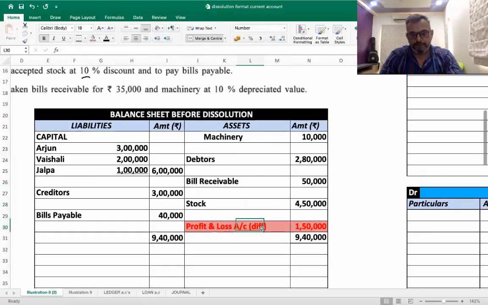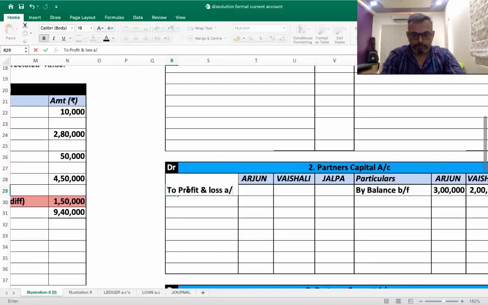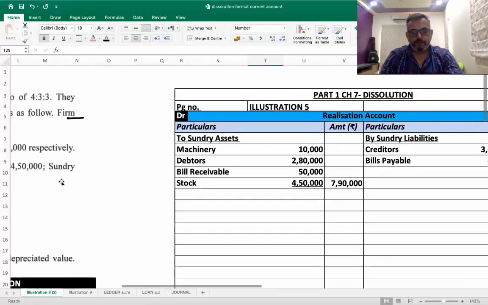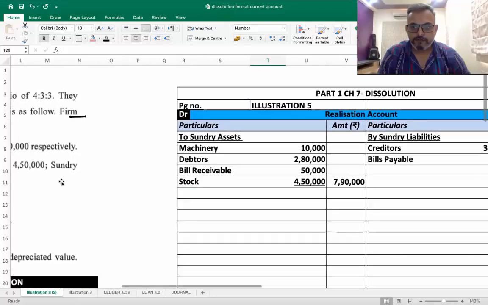Now what is left is profit and loss account. The difference is of 1,50,000. So profit and loss debit balance will be transferred to partners capital account, to profit and loss account. 1,50,000, the profit sharing ratio is 4:3:3.